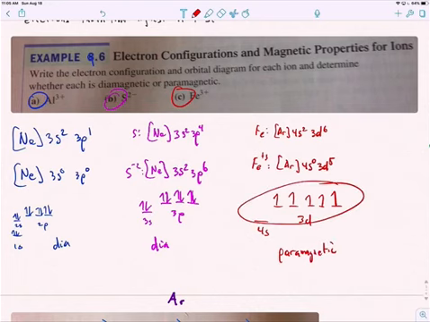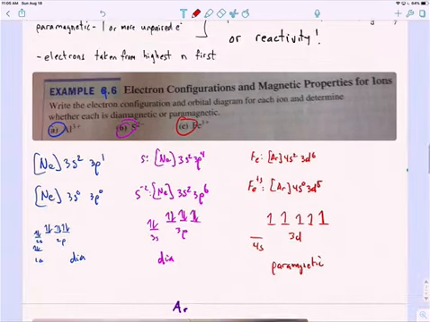It has all these unpaired electrons. So iron plus 3 ion is very effective on an external magnetic field. So not surprising for you to hear that, I'm sure. Iron tends to be very magnetic. Of course, there's a difference between paramagnetic and ferromagnetic, but that's if you study more solid state physics.